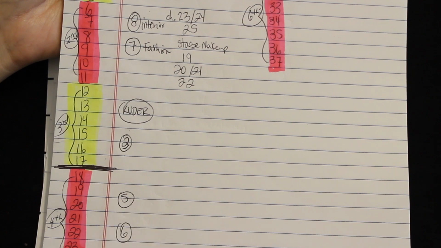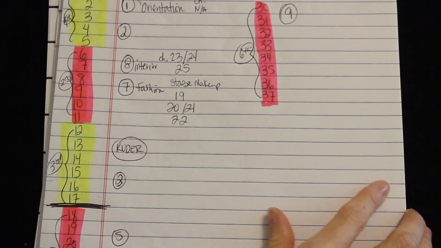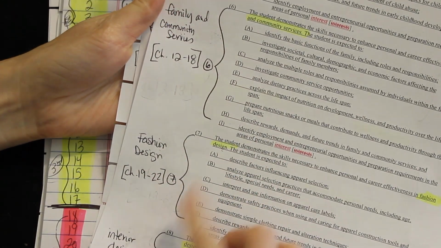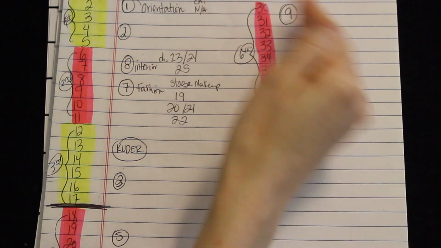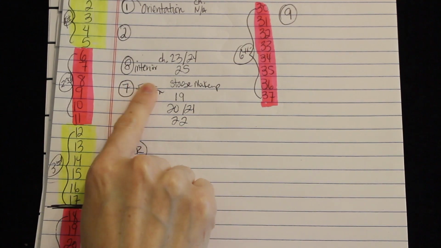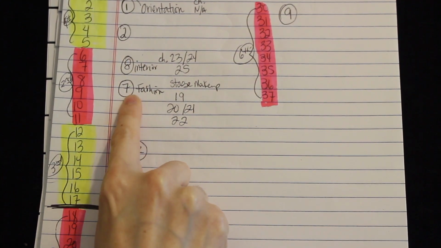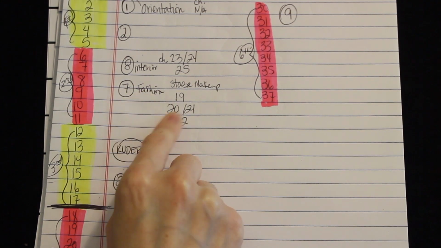So I lay out my agenda for the school year. Then I go through each one of my sections, whether it be early childhood development, family and community service, fashion design, whatever these sections are, and I put them wherever I need or want them for my school year. For example, I need interior and fashion design my second 6 weeks, because during fashion design I teach about texture, how to take care of your tools, things like that.